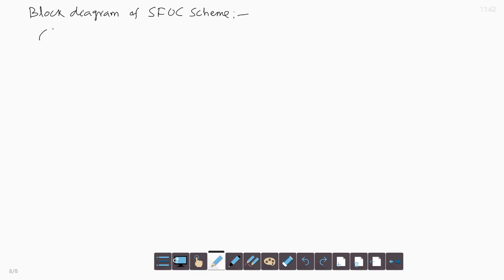So, first we have a comparator which compares the actual motor speed omega r with the reference speed omega r star, and the speed error is processed through a speed controller whose gain is G1 to generate the command value of the torque component of the current, IQS star.